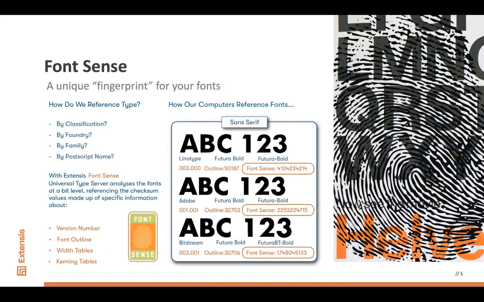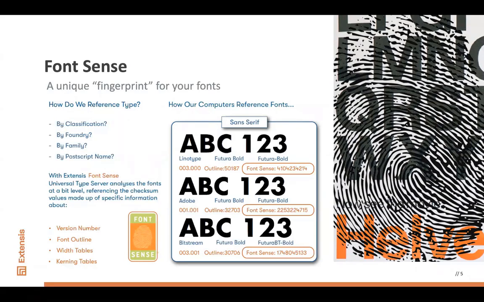It provides essentially what we refer to as a unique fingerprint for all your fonts. You've seen how earlier it supports having fonts with the same name, but where they'll end up with different FontSense IDs because perhaps they've, as per the example here, come from different foundries, maybe they are different version numbers, but as you saw earlier, maybe they're from the same foundry with the same version number, but there's just something subtly different.